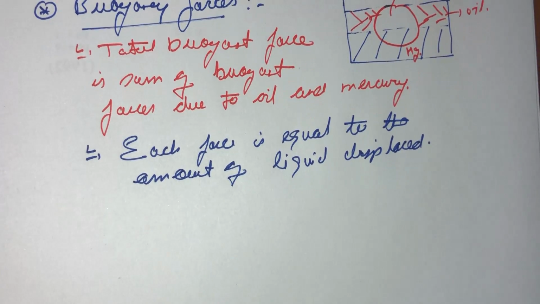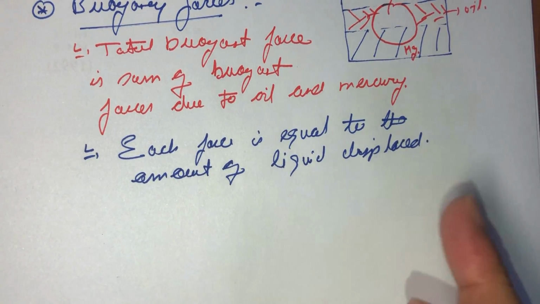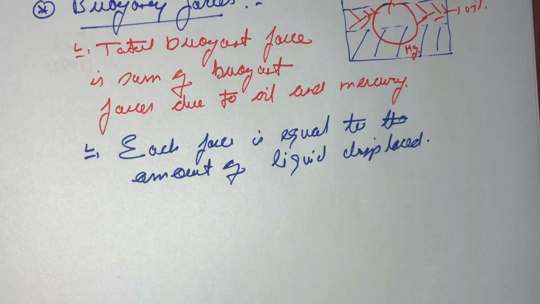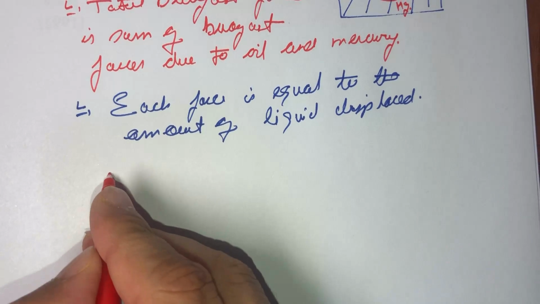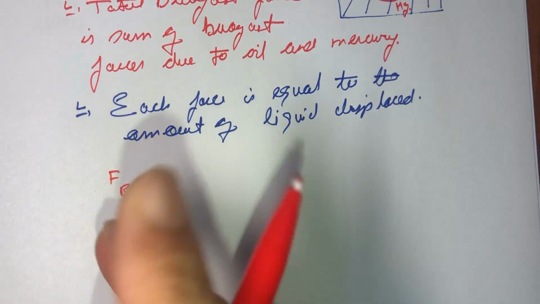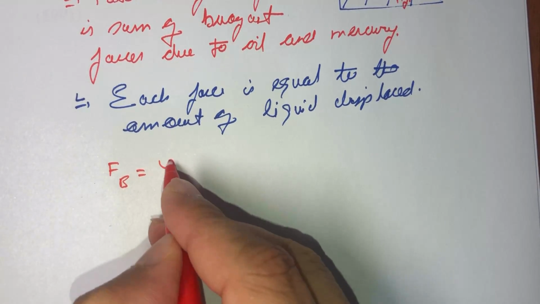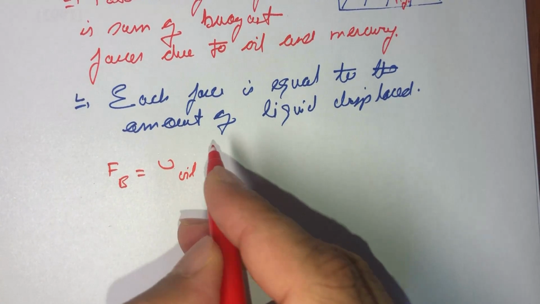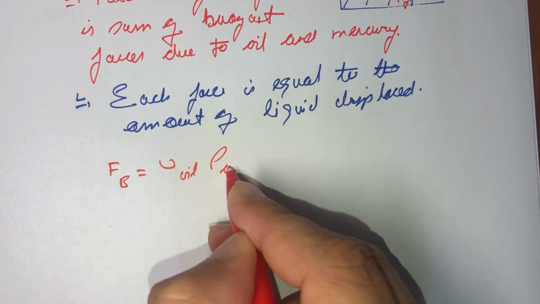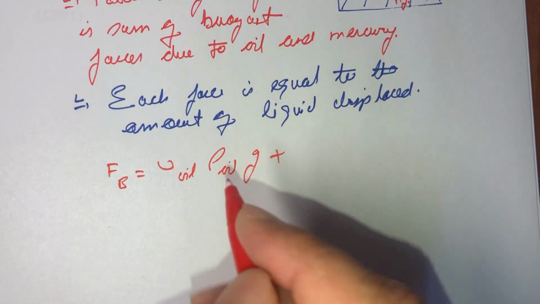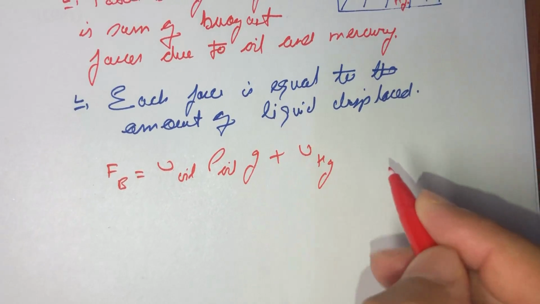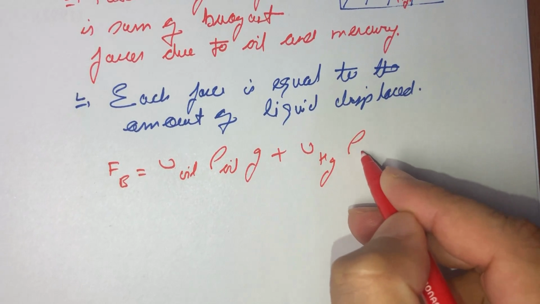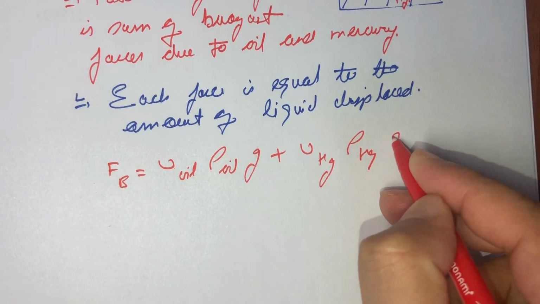Herein the liquid in one case will be oil and in the other case mercury. So buoyant force FB will be equal to volume of the oil multiplied by density of the oil and g, plus another portion because of the mercury: volume of the mercury, density of the mercury, and g.